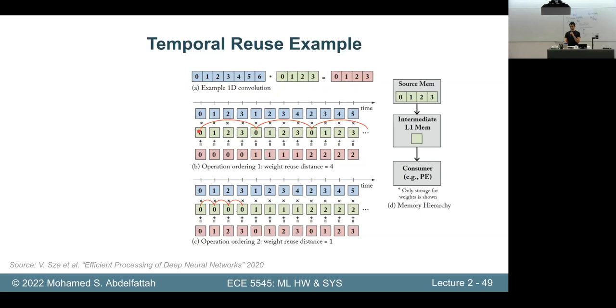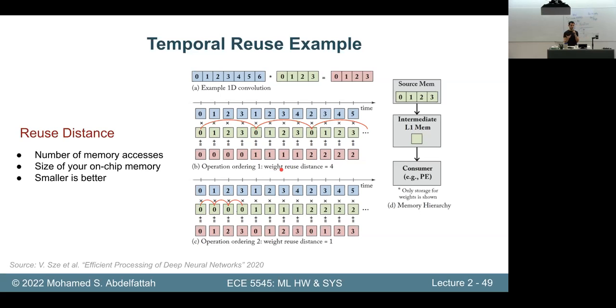And so this 0 is loaded at the first time step, but then the next time it's used is way over here. So that means I'm not reusing it. I'm reusing it only at a distance of 5 or 4, maybe it's 4. So a distance of 4. So this kind of defines the term of reuse distance. So how many operations are between the uses of that specific piece of data?